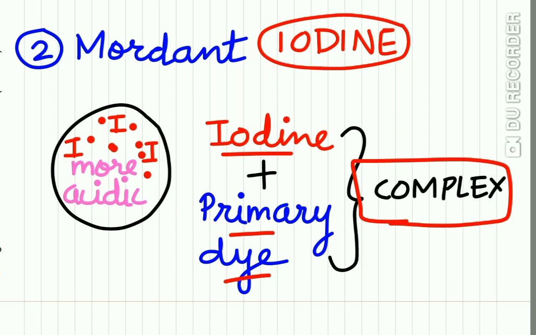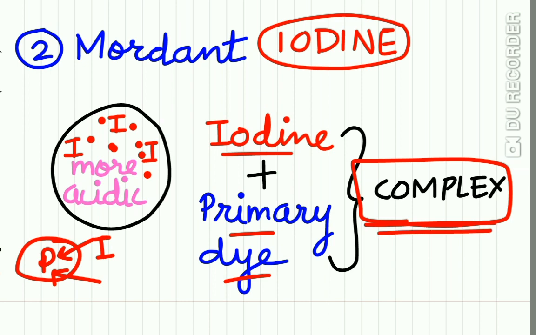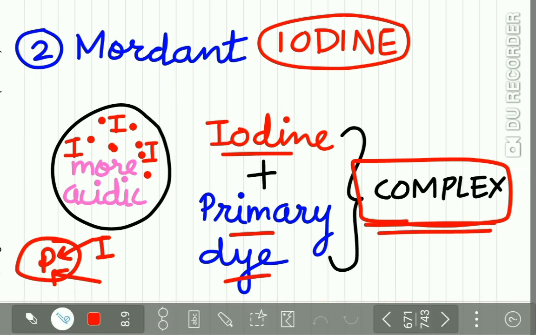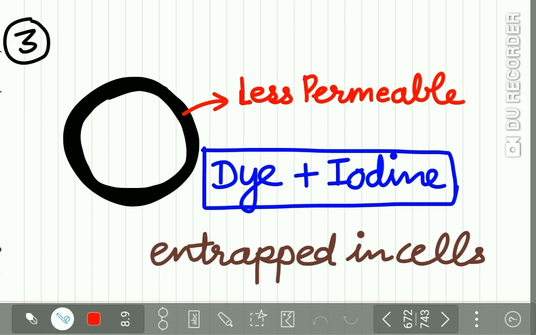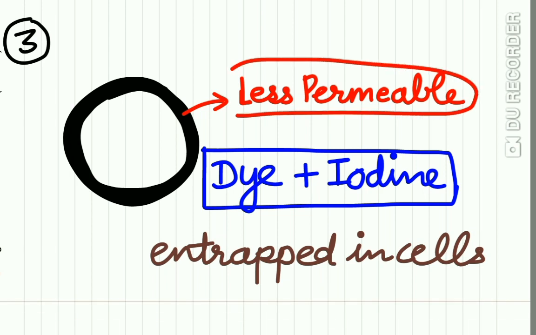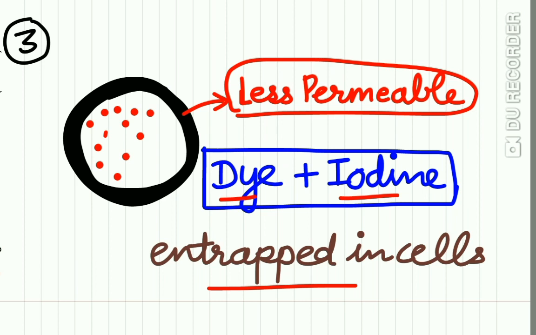So when first the bacteria takes up the primary dye, then it takes up the iodine, a complex between the dye and the iodine is formed. Thirdly, the gram-positive organisms have a less permeable cell membrane. So this di-iodine complex is entrapped inside the cell.